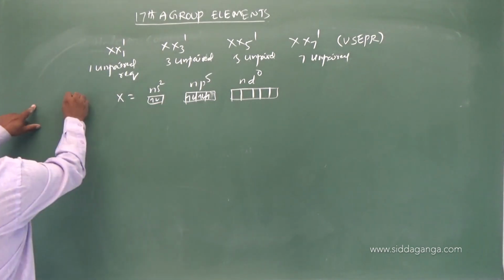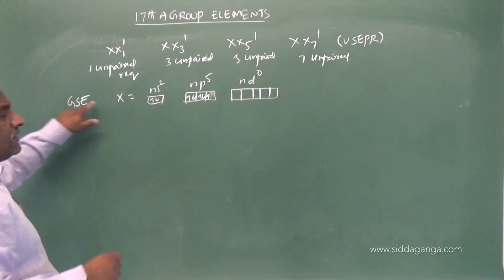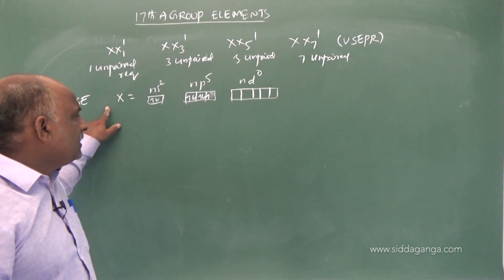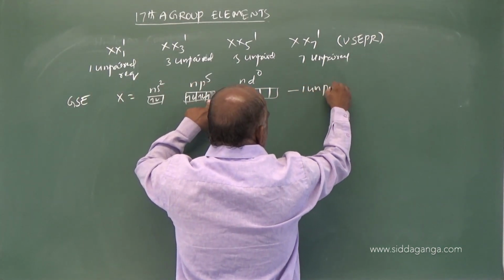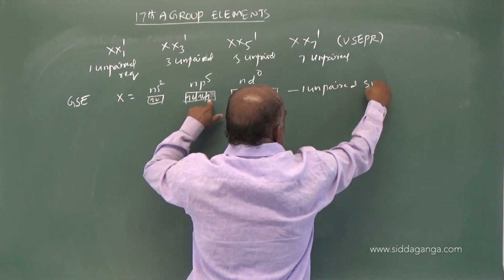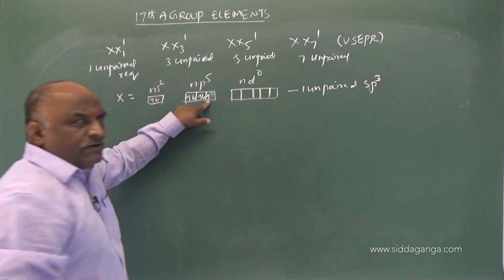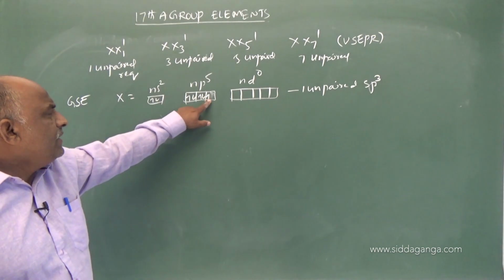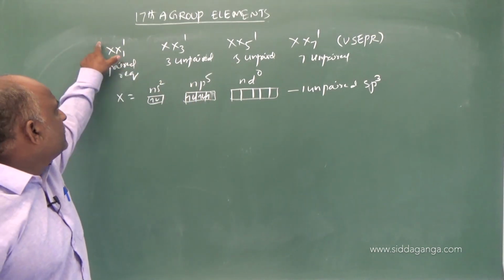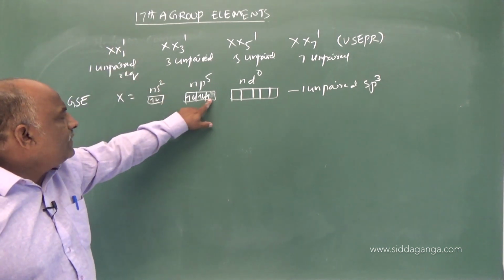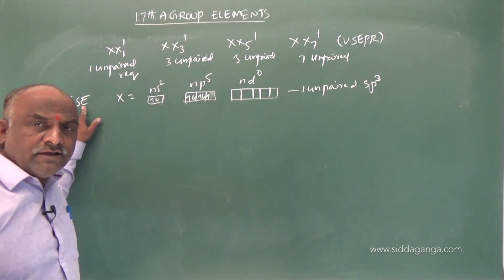This is the ground state electronic configuration. In the ground state electronic configuration, how many unpaired electrons? 1 unpaired. 1 unpaired means sp3 hybridization. Remember this, my dear students, it is very important. 1 unpaired means this formula requires 1 unpaired electron. The first formula, monohalides, requires 1 unpaired electron, which takes place in the ground state electronic configuration.